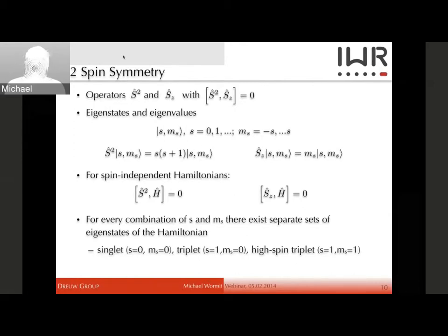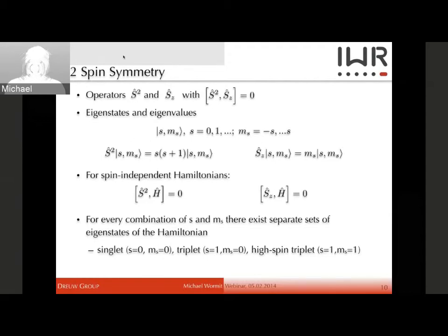For spin-independent Hamiltonians, you also have the commutation relation, so they commute with the Hamiltonian, and thus you can solve the Hamiltonian for each S and MS system separately. So you can solve for singlet, for triplet, and for example also for high spin triplet, or whatever you fancy, and depending also on your system.